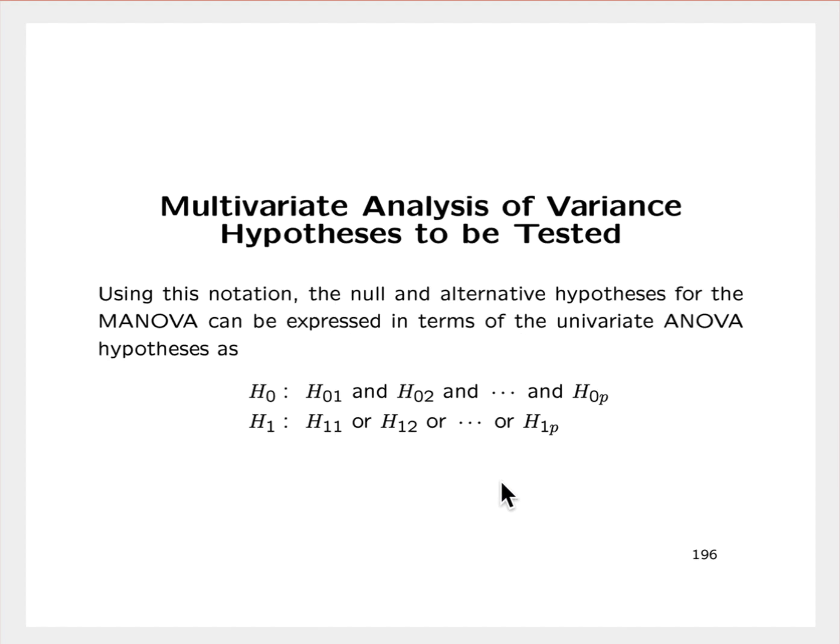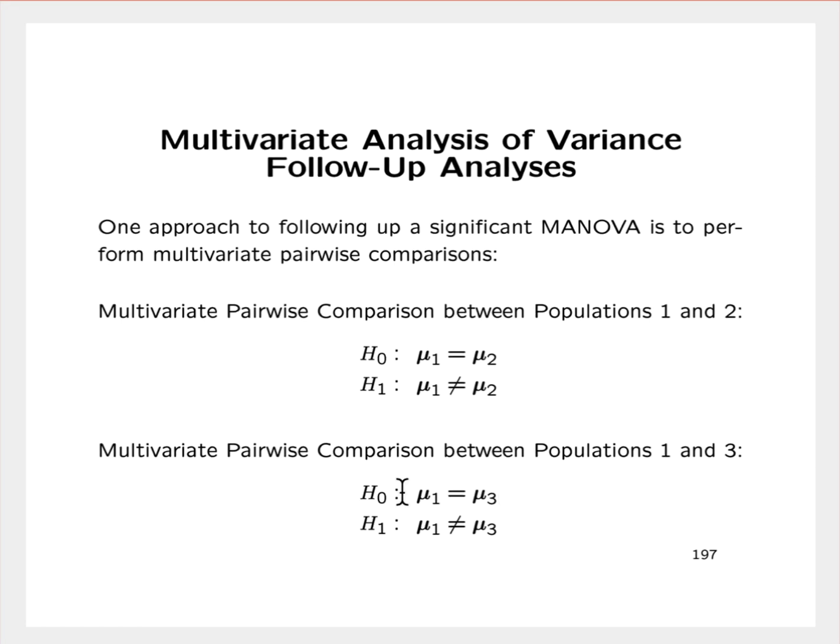And so what we could do then, let's suppose that that is the way that we choose to represent the null and alternative hypotheses. So if we reject the null hypothesis in that setup, then we're concluding that for at least one pair of the populations, the mean vectors are not equal. And so the natural follow-up would be to perform pairwise comparisons at the multivariate level.